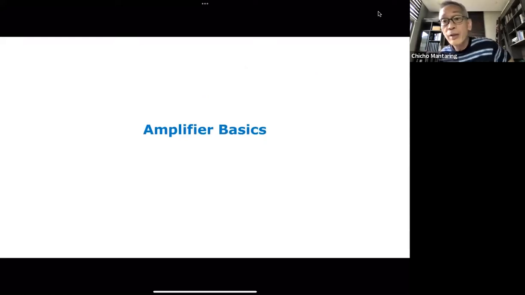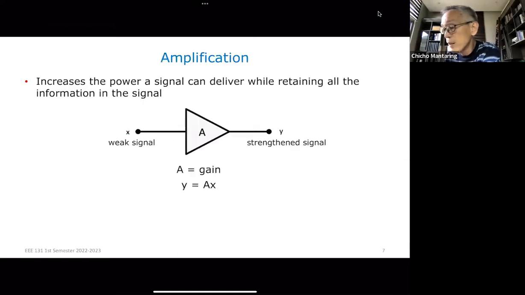Okay, let's go to some amplifier basics. What is an amplifier, or what is amplification? Amplification is increasing the power a signal can deliver while retaining all the information in the signal. So this is our symbol for an amplifier. We use a triangle symbol. The parameter of an amplifier we call the gain. So A here is the gain. The input would typically be a weak signal, and the output would be a strengthened signal.